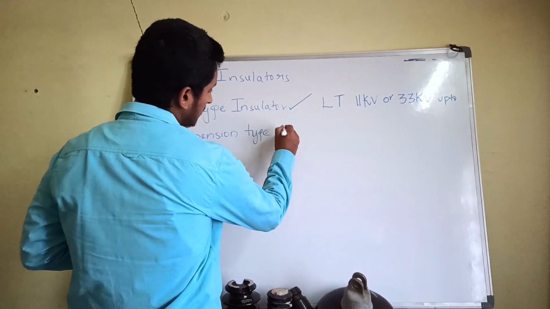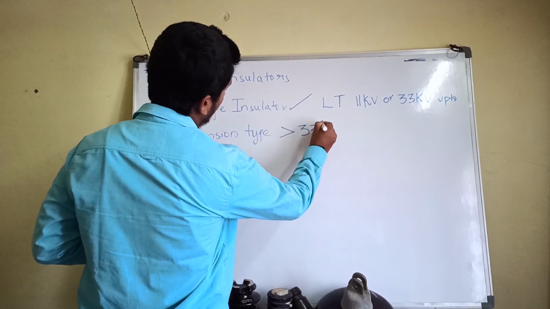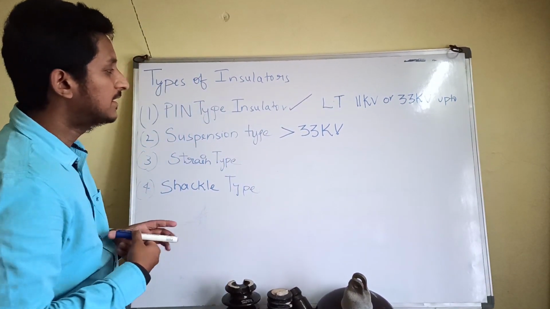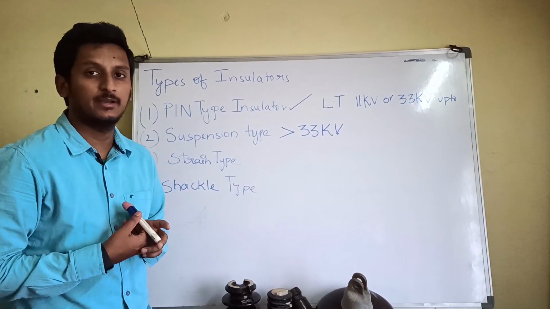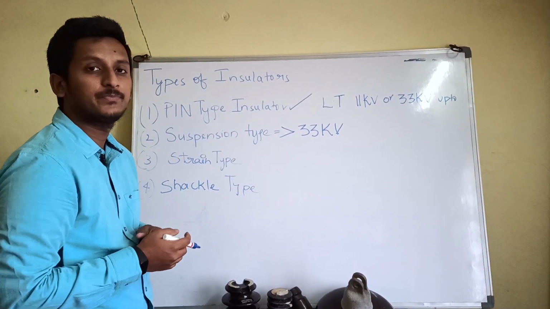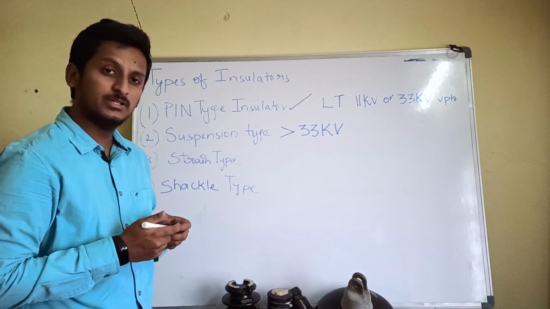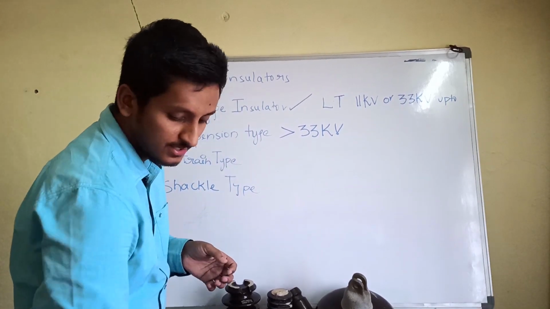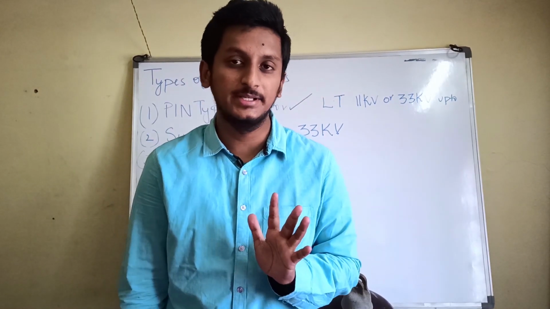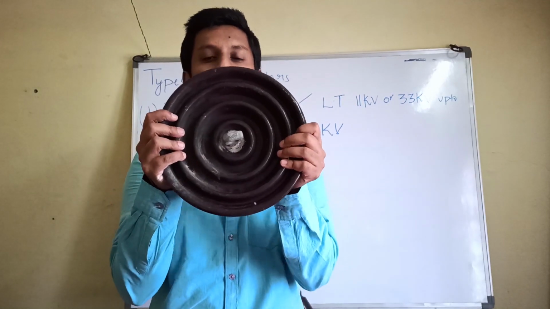Whenever the voltage rating is greater than 33 kV, suspension type insulators are used, or else equal to 33 kV. Mostly it will not be equal, it is greater than 33 kV, so we are going to definitely use suspension type insulators.